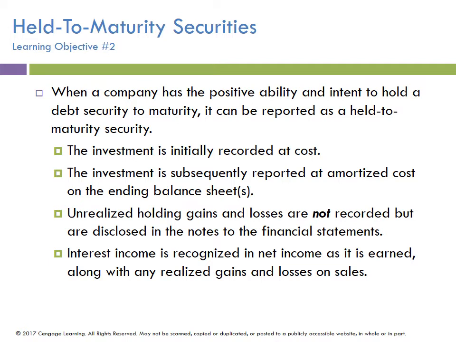Interest income is recognized as net income as it is earned, along with any realized gains and losses from selling the investment. Remember, we're on the other side of it. When we're selling the bond, we pay interest. When you buy the bond, you receive interest. When you sell the bond, you will sell it either at a gain or a loss.